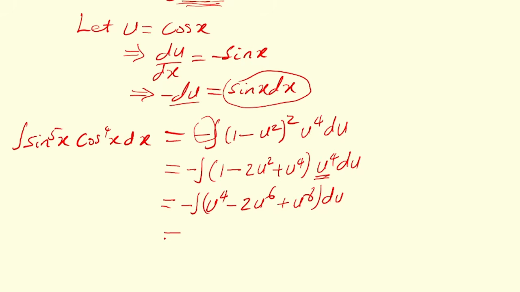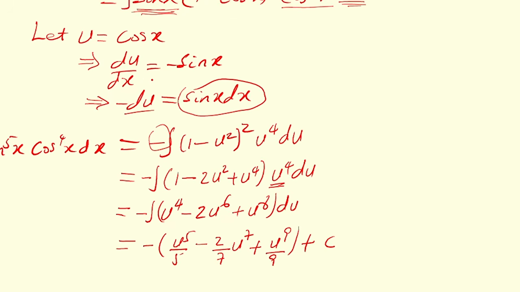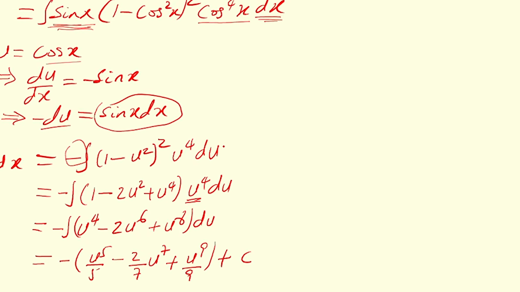Then integrate the polynomial function. We have minus, in brackets, u^5 over 5, using n plus 1 over n plus 1, minus 2 over 6 plus 1, which is u^7 over 7, plus u^9 over 9, plus c. But what is u? It is cos x.